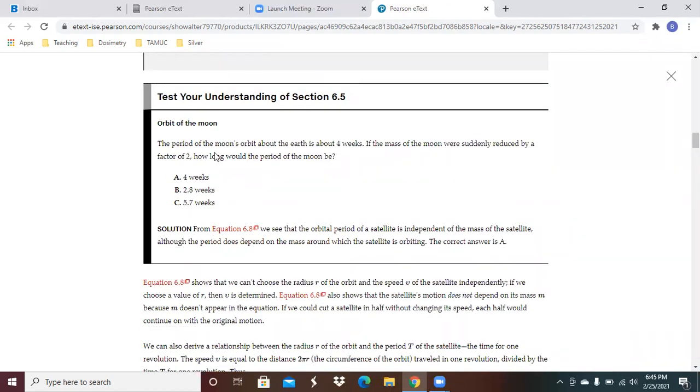The period of the moon's orbit about the Earth is about 4 weeks. If the mass of the moon were suddenly reduced by a factor of 2, how long would the period of the moon be?